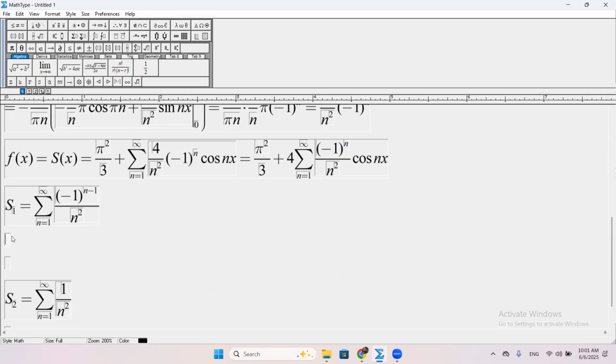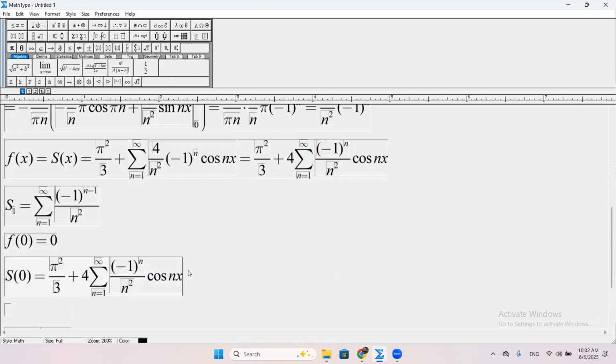We can easily do it by substituting 0 instead of x into f of x. So f of 0 equals 0, and S of 0 will be equal to p square over 3 minus 4 times the sum. Here cosine gives 1.